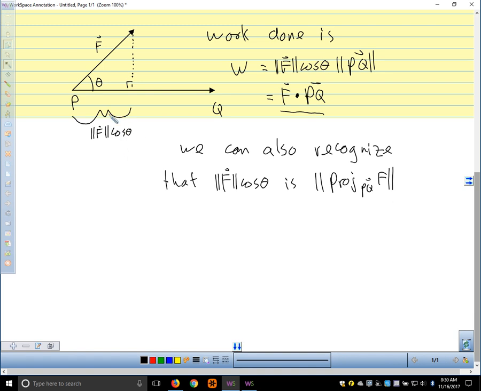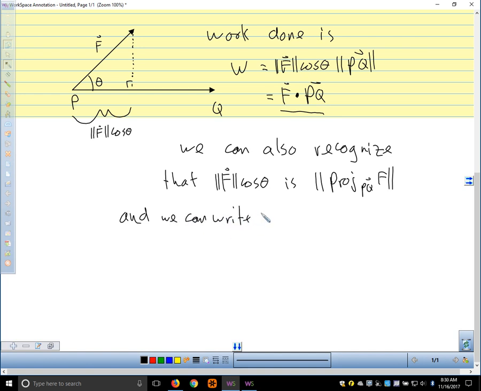This is how we came up with our method of finding vector projections, vector components. We saw that this was the magnitude of our vector projection. So we can also write that the work is this magnitude of this projection, forgot my vector here, times the magnitude of PQ.